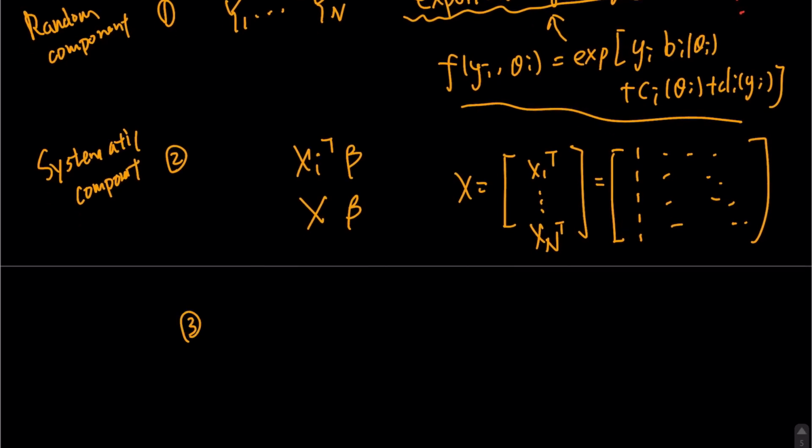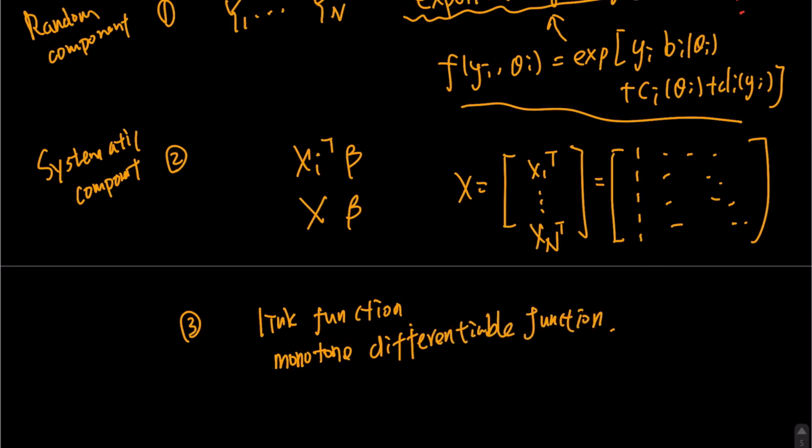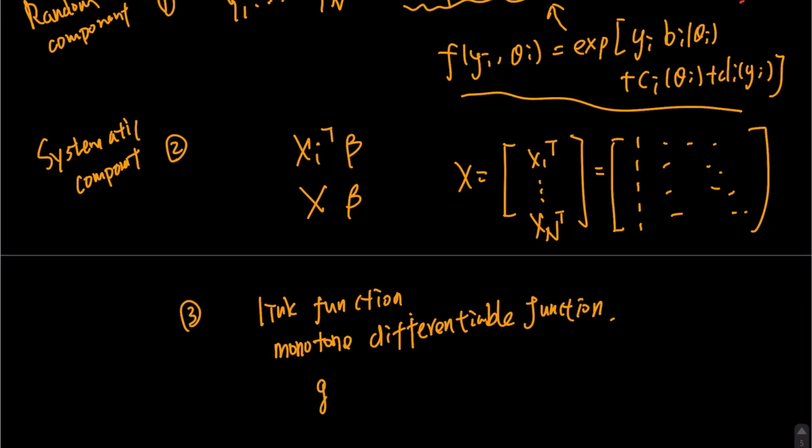And then the link function is a monotone differentiable function. And as I said, the link function connects the random component with the systematic component.